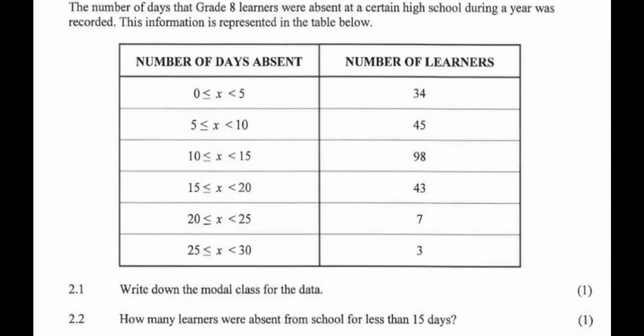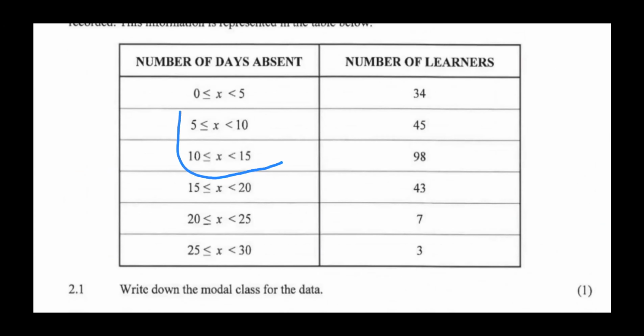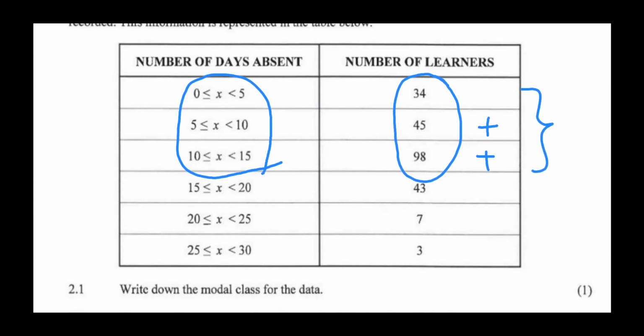Less than 15 days. It's these groups of learners. These are the good students. If we add those amounts, the 34 plus the 45 plus the 98, and you get a total for that, that's the number of learners that were absent for less than 15 days.